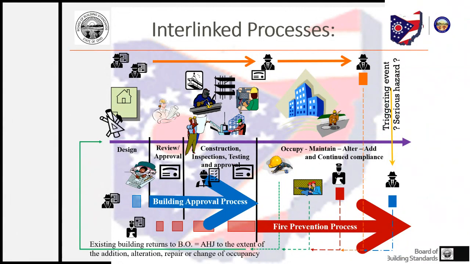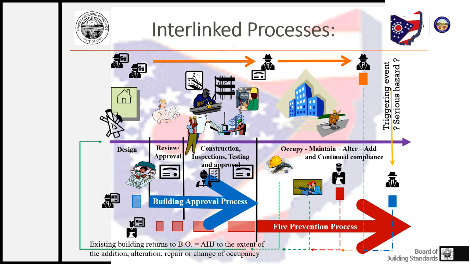So, this is talking about the interlinked processes and how the building code works with other codes, other authorities, other jurisdictions. It talks about roles and responsibilities from owners, from designers, as well as from building enforcement professionals.